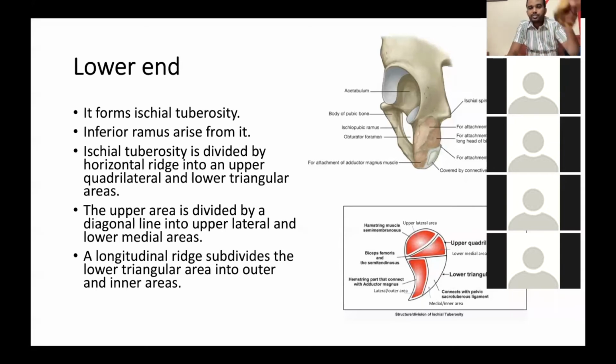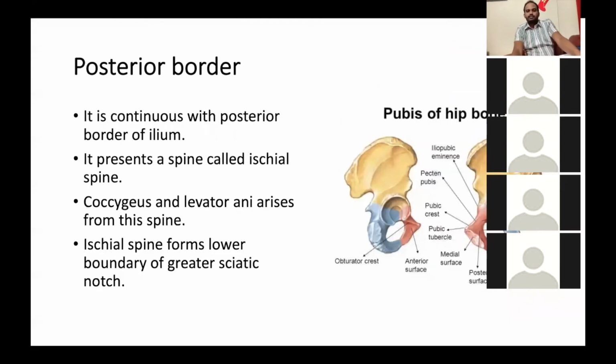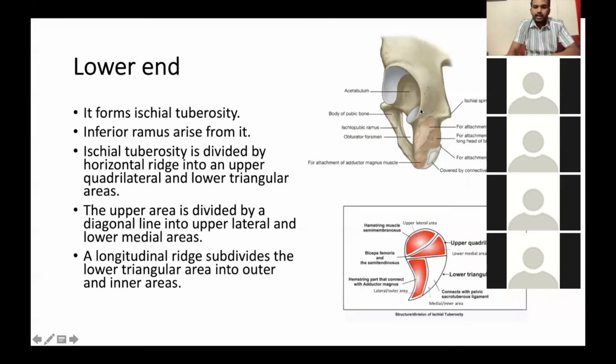Now this ischial tuberosity is divided by a horizontal ridge into an upper quadrilateral and a lower triangular area.